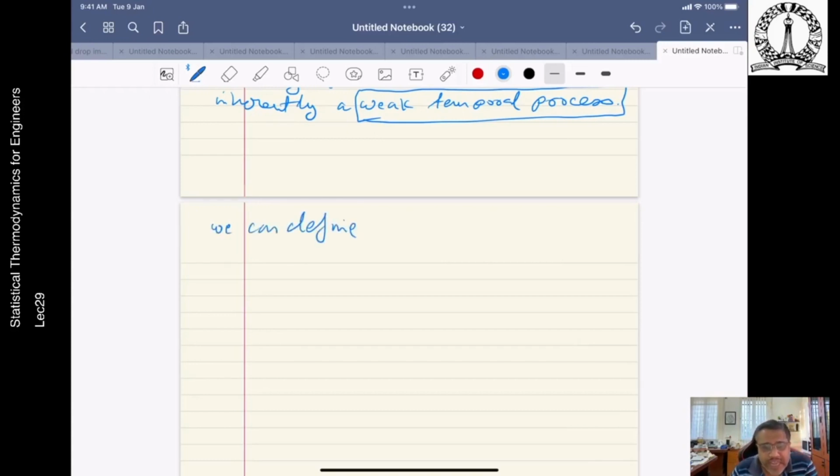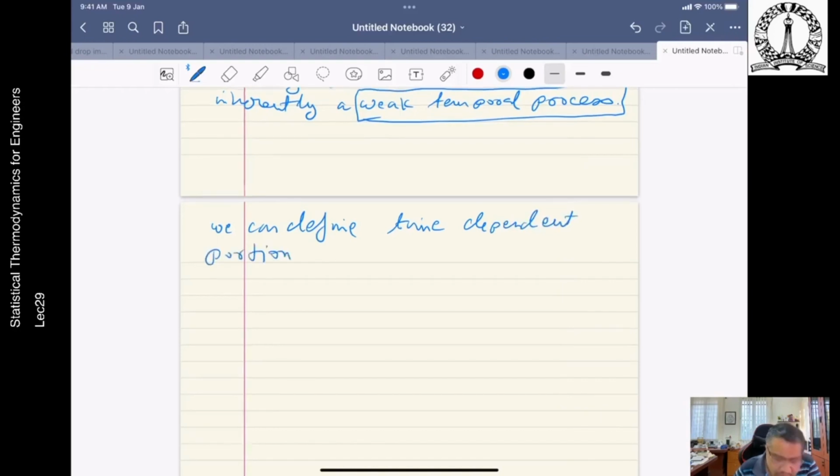Okay, so based on this assumption, we can define the time-dependent portion of the Hamiltonian operator, H prime, as a small perturbation.